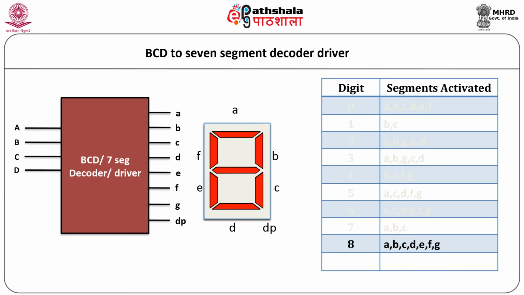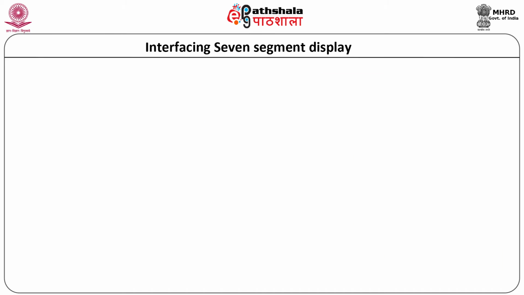For displaying digit 8, all LED segments A, B, C, D, E, F, G are activated. While displaying digit 9, segments A, B, C, F, G must be turned on.